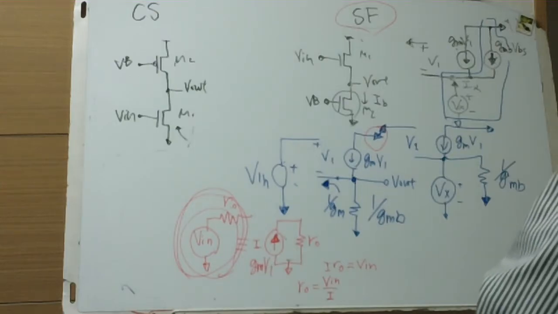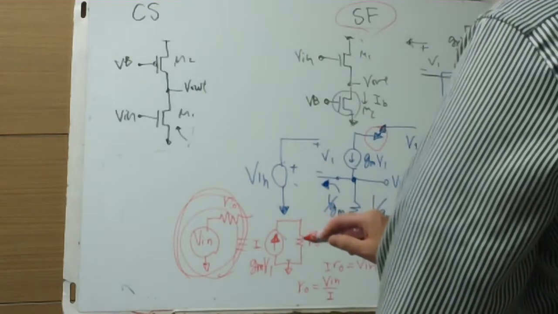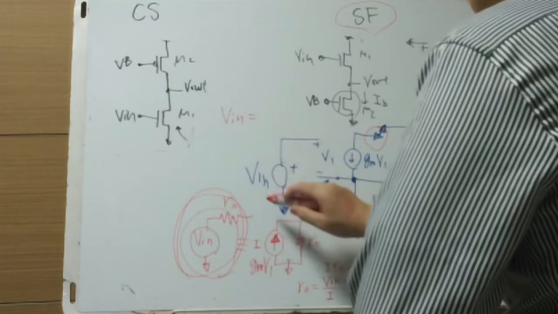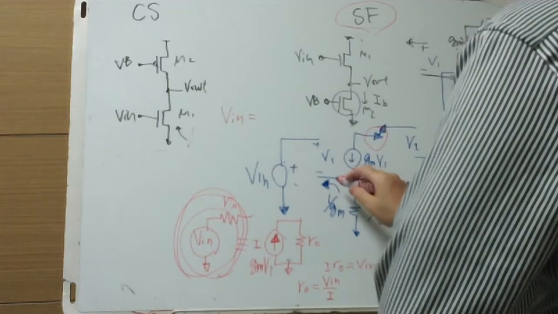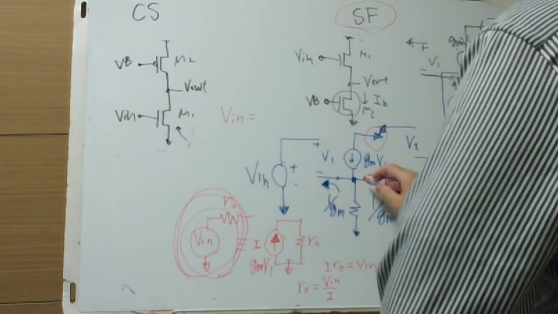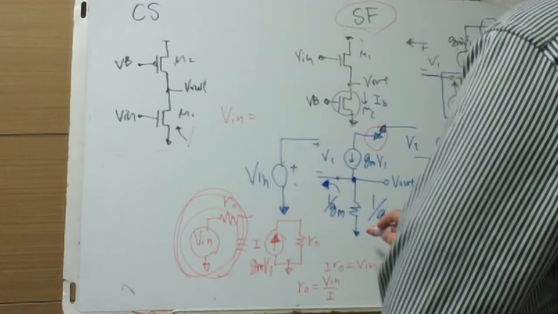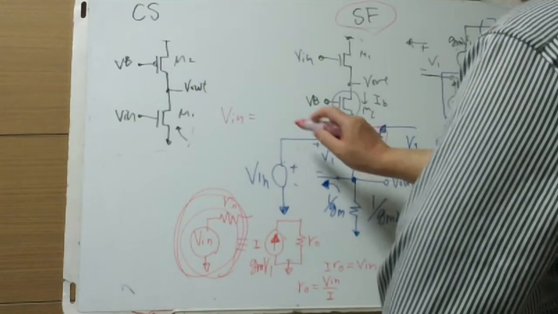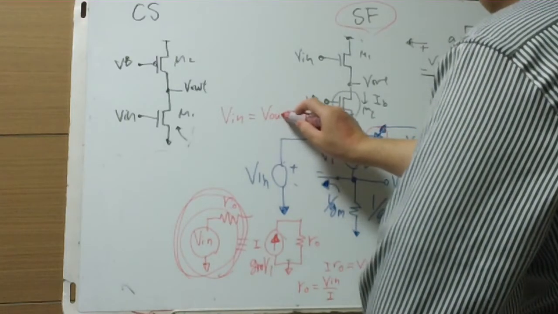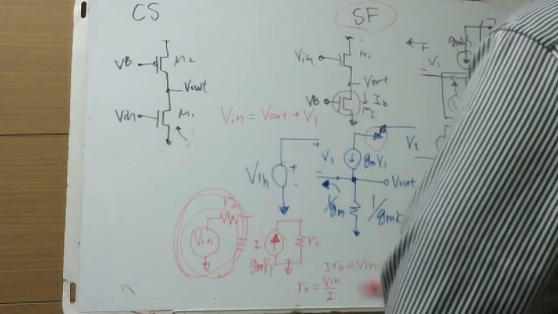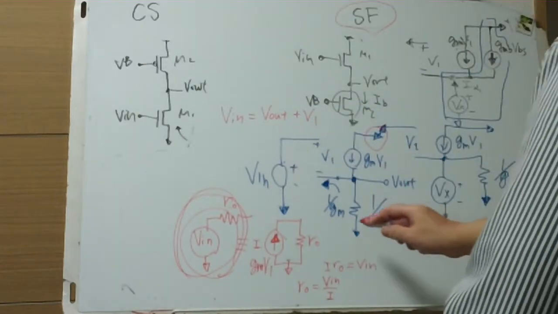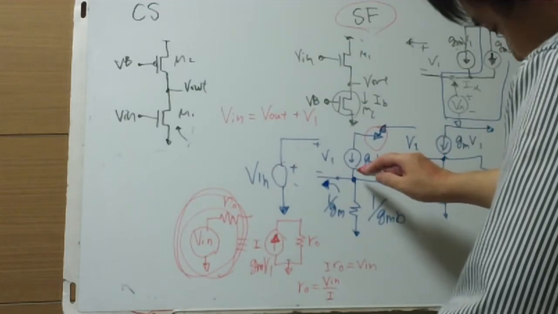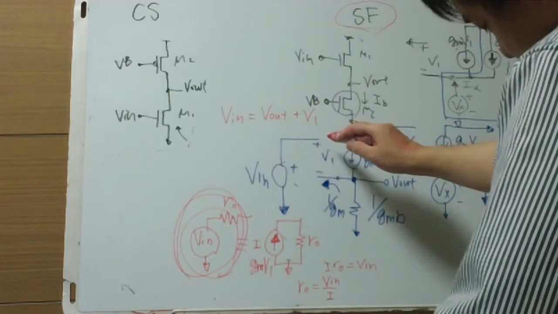Looking at this, V in equals, not V1, this is V out. V out plus V1. Here's V out, and plus V1 going to V in.